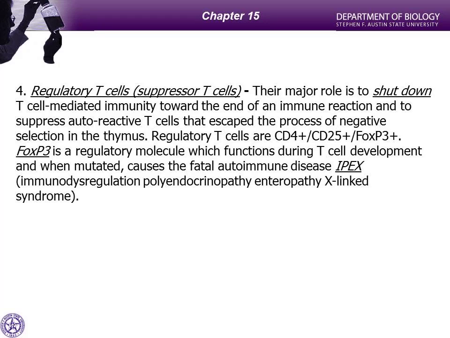Now, if you think you had a cold and you felt really bad with a cold, you definitely do not want IPEX. Listen to the name of IPEX. Immunodysregulation. If you lose FOXP3, so you lose functioning of your regulatory T's, your immune system is jacked up. Is that bad enough? No. Polyendocrinopathy. Your endocrine system is jacked up.